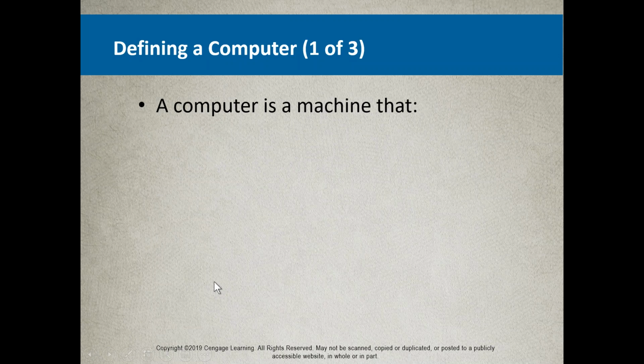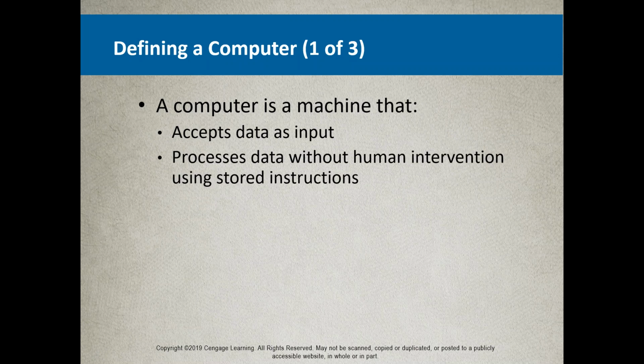All right, so a computer is a machine, and what does it do? What's its primary focus? Well, it's designed primarily to accept data or collect input, and once we've collected input, we're going to take that input and process it in some way, using human intervention. And then finally, we're going to output information. If you think back to Chapter 1, when we were looking at MIS and the bigger picture, we looked at how data is stored in a database, and then the data is processed and becomes information.